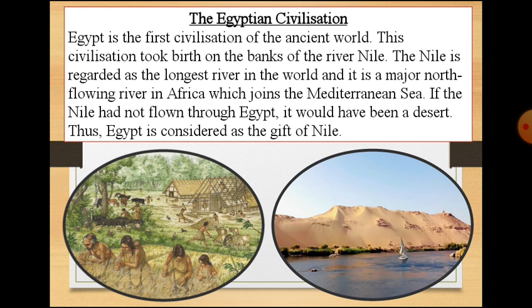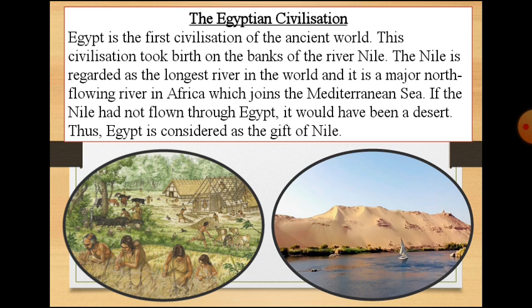Egypt is said to be the gift of Nile as it includes water, especially, the role of water is more important. The transport, trade of papyrus, fish and other animals, and rich soil helped them to flourish.